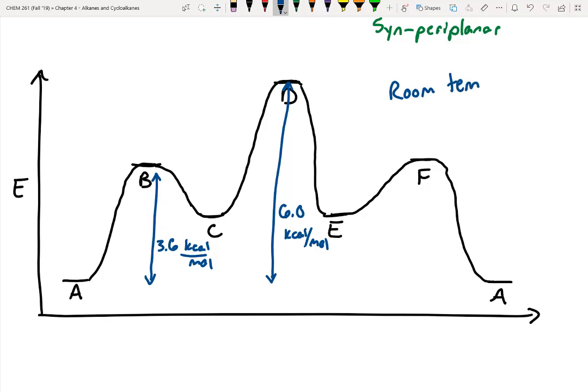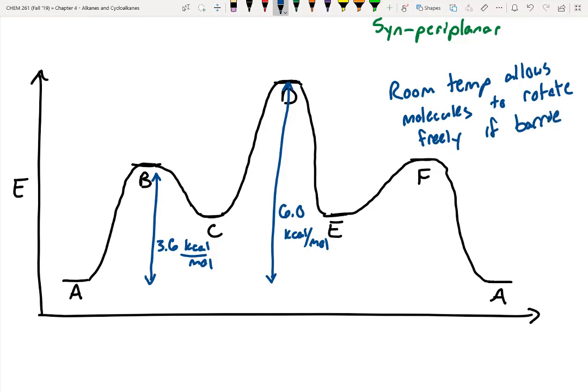Room temp allows molecules to rotate if the barrier is below 20 kcals per mole.